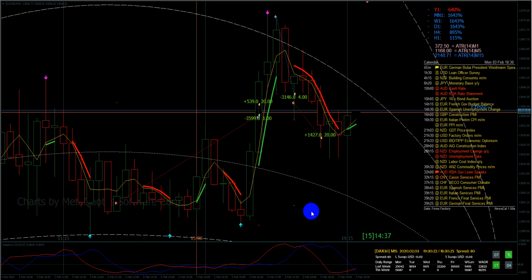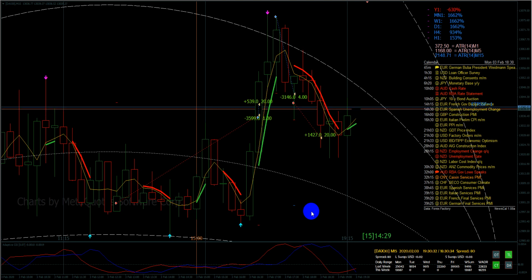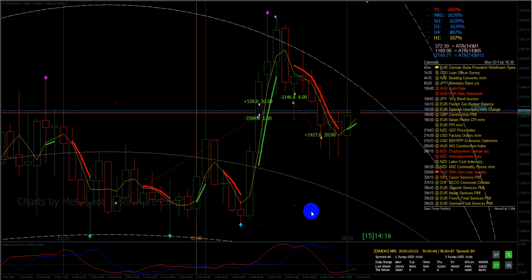So 20 lots is not even half, right? It's like not even a third of my possibility. But going in, let's say full option at 70 lots, is pretty risky because I'm actually going all in at that moment, right? So that's not a good idea.